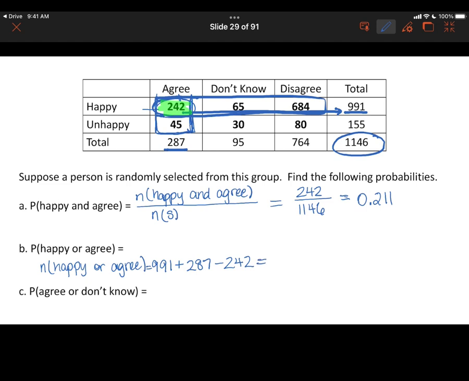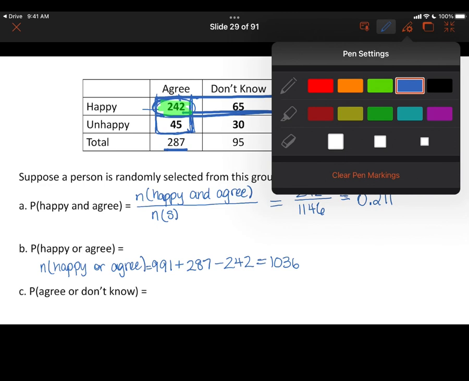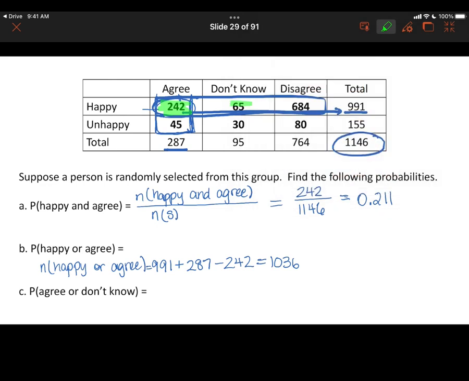Now if I add those and subtract, I get 1,036. Now you could also get this number by reading in the table and just adding, let me highlight in green, adding each of these green numbers.